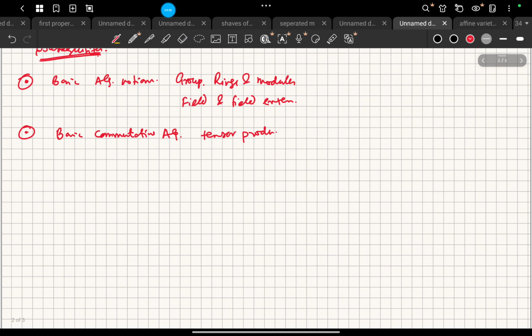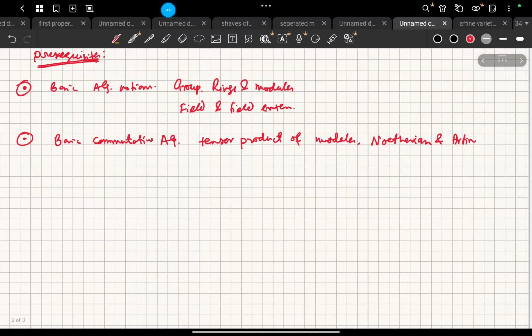Noetherian and Artinian ring and modules.